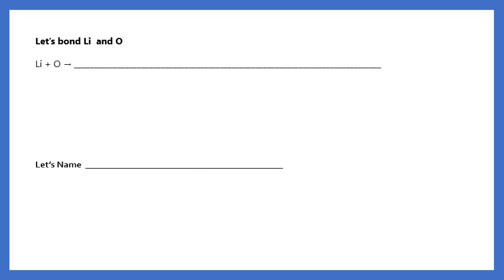So first thing we want to do is put together this compound, lithium and oxygen. So again, lithium takes a +1 charge, and oxygen takes a -2 charge. And when we put ionic compounds together, you know that you crisscross your charges. So you should have Li2, oxygen 1.